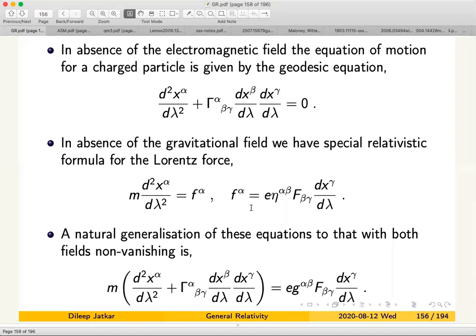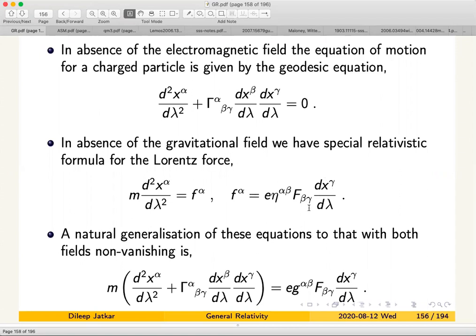And in the Lorentz covariant form, this force is written in this particular fashion, where e is the charge of the particle and m is its mass, and f beta gamma is the electromagnetic field. dx gamma by d lambda is basically the velocity. Okay, so we know that these forces are velocity dependent forces.